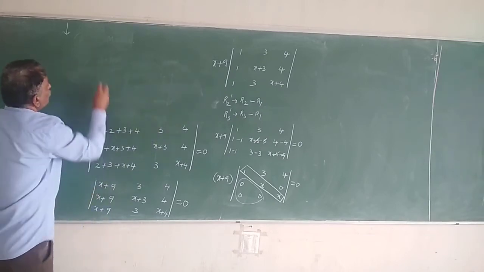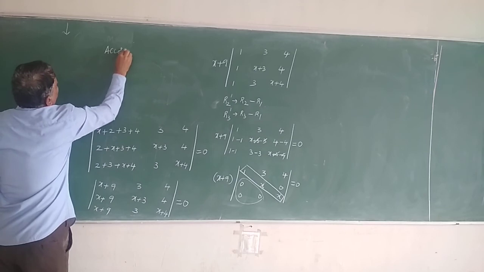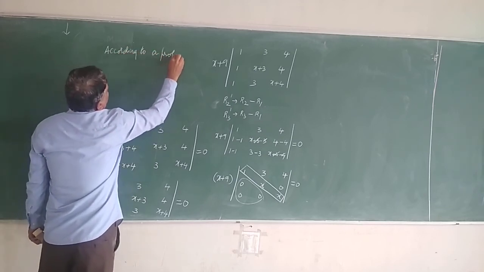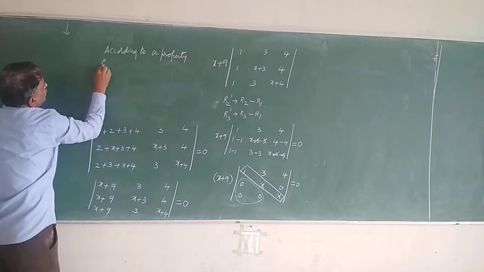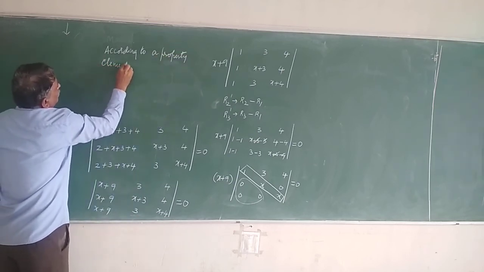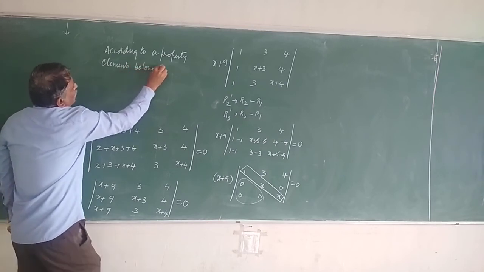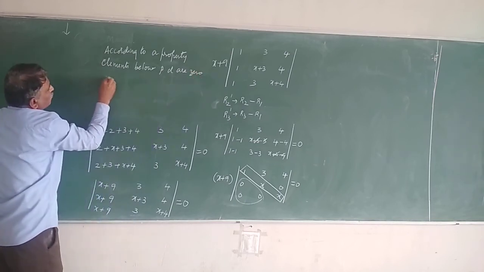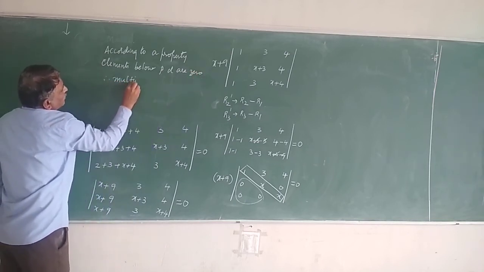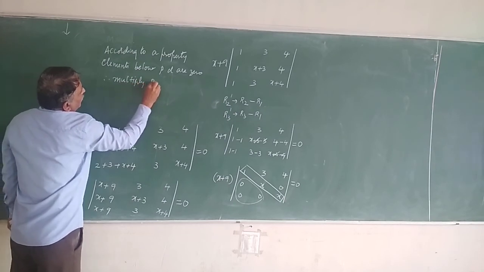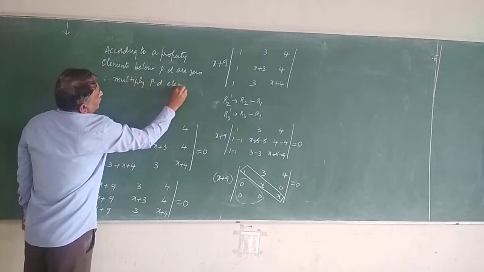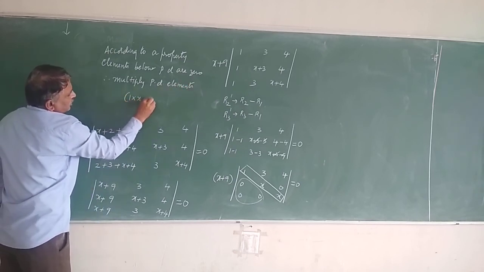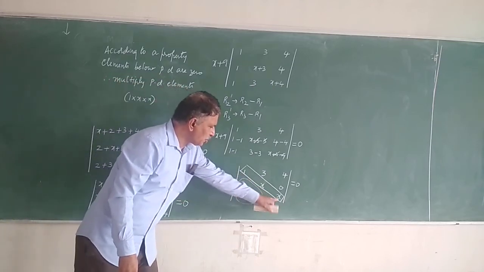I'll write here, according to a property, elements below the principal diagonal are 0. So therefore, multiply the principal diagonal elements. What will I get? 1 into x into x, the principal diagonal 1 into x into x.